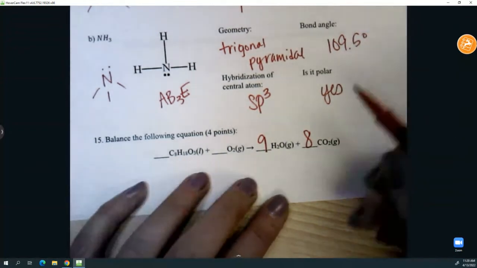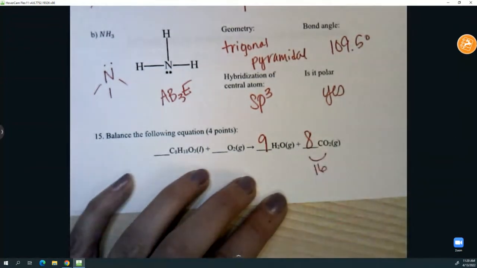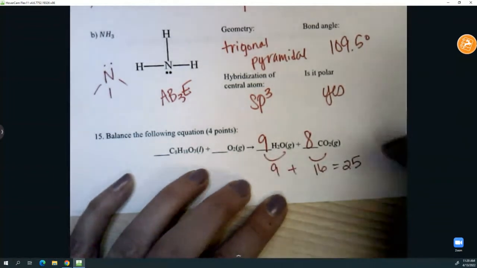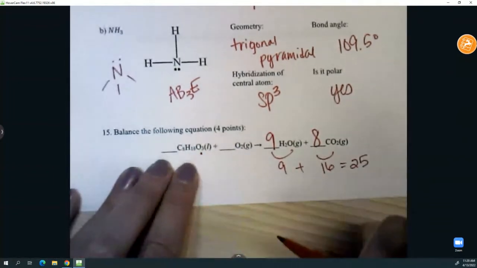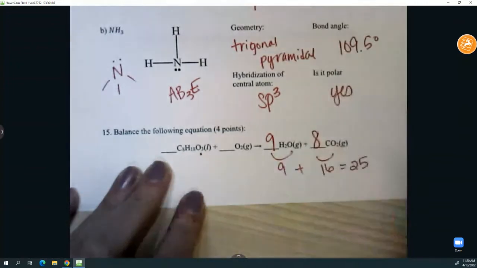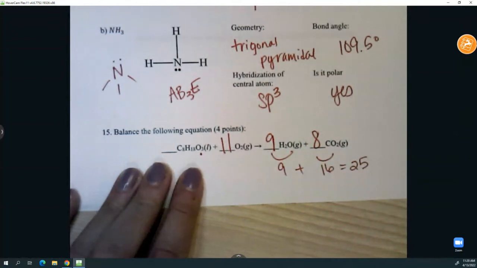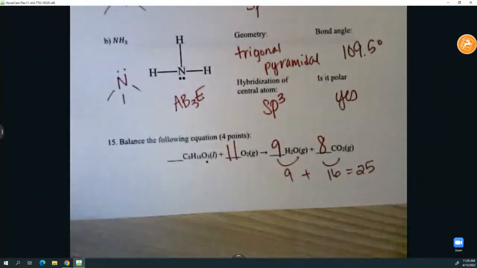And then let's see. 16 oxygen plus 9 is 25. And then this is 3 of them. So I need 22 more. So I think I just need an 11 there. And that would be 22 plus 3 is 25. Looks okay.